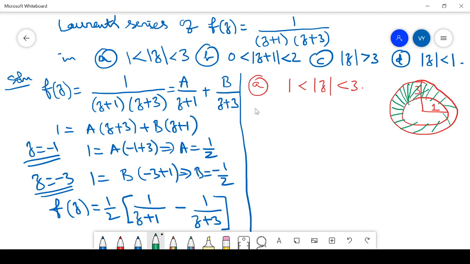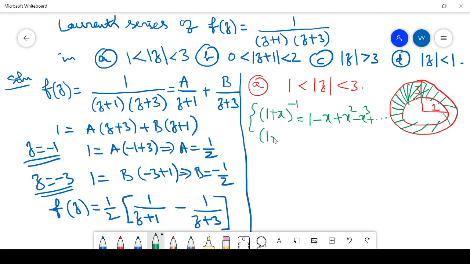Before that we will remember certain results. (1 + x)^-1 = 1 - x + x^2 - x^3 + so on.